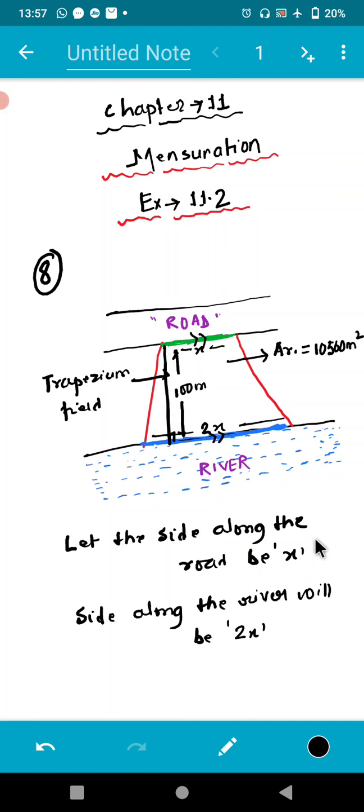Now we know that the area of the trapezium is half into sum of parallel sides into height. The sum of parallel sides means we will consider this x as A and this 2x as B, so that we can use these values in the formula.